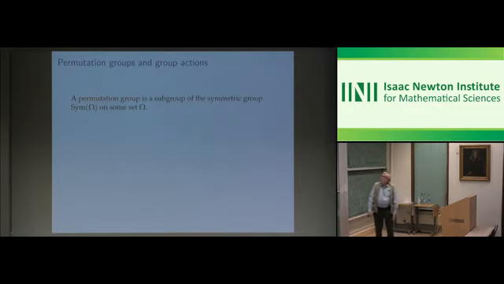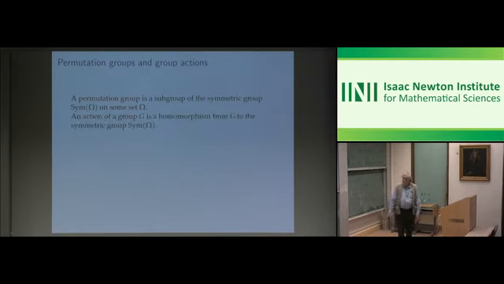So a permutation group will just be a subgroup of the symmetric group on a set omega. And of course, closely related to that is an action of a group, which is a homomorphism from G into the symmetric group on omega. So a homomorphism whose image is a permutation group.